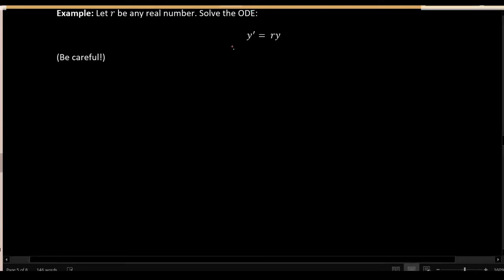For example, in a problem like this one, r is some real number, whatever it might be. Let's solve the ODE y prime equals r times y. One way to get this function into the right format is to divide both sides by y.